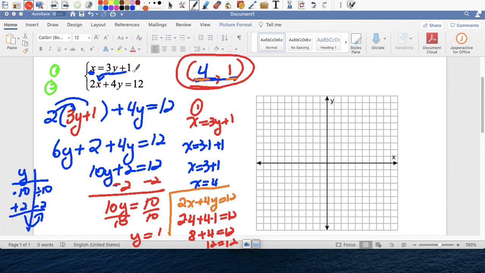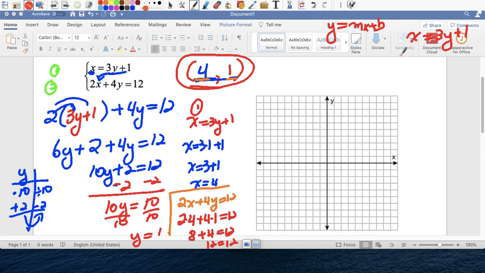So let's graph this. In this case they're a pain because they're not in the right format. I like them when they're in slope-intercept form, it makes it easier to graph. So let's take the first equation, x equals 3y plus 1. I'm going to isolate y.